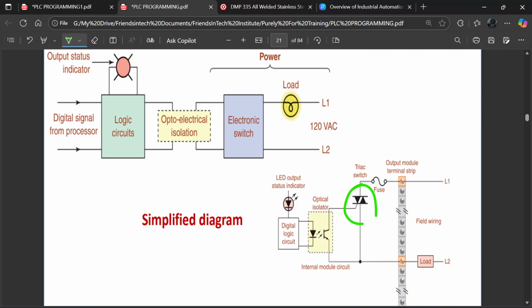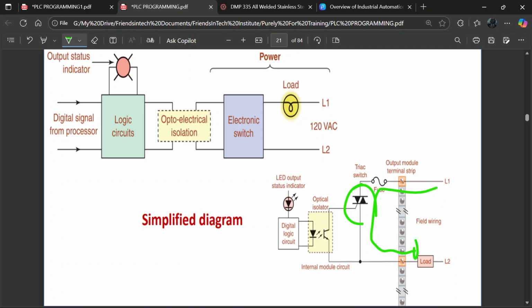Now the signal is coming from the CPU to your opto-isolator. This opto-isolator will provide the firing signal to your triac. So when the triac is sent into conduction mode, the current will flow from L1 all the way to your load here. That's how it works. So the triac behaves like a switch. It's just a switch, but the triggering signal is coming from the opto-isolator.